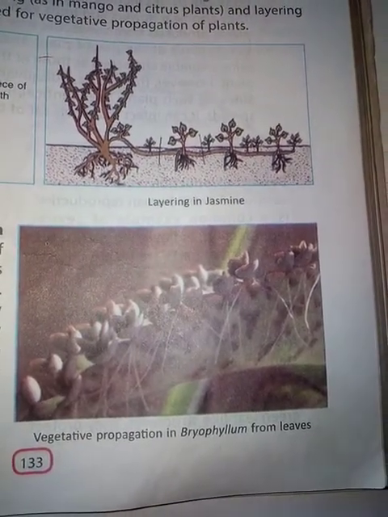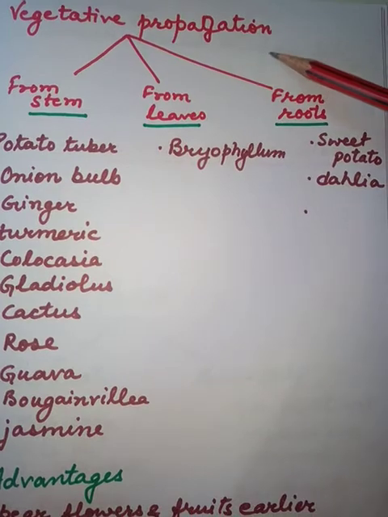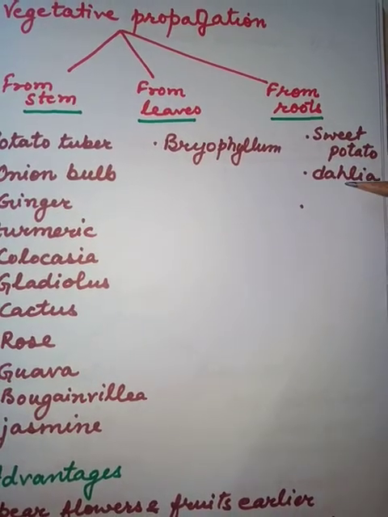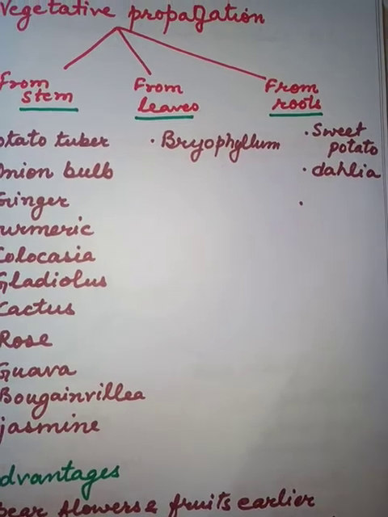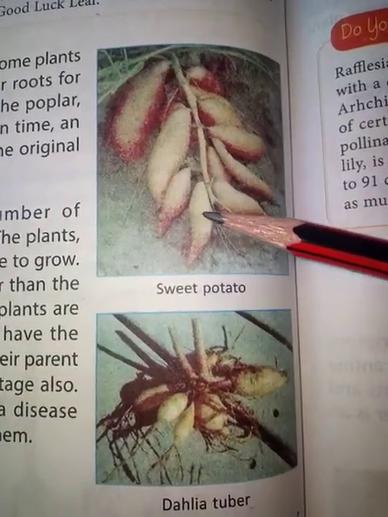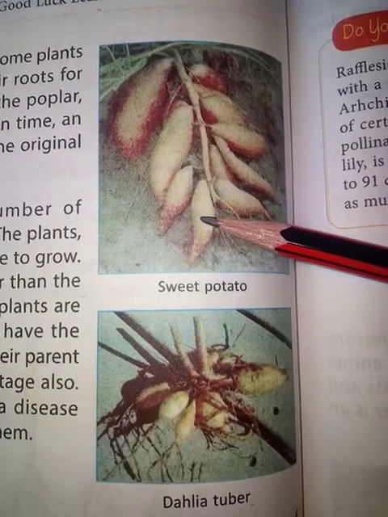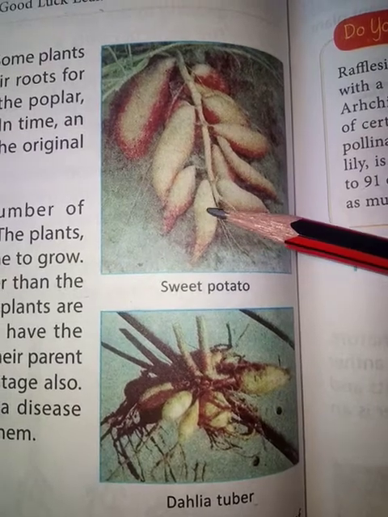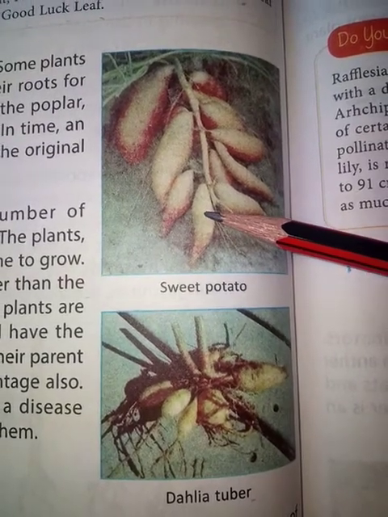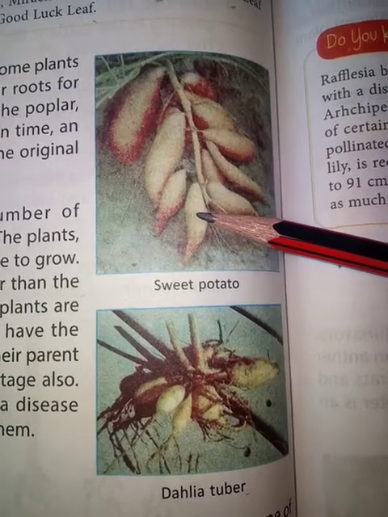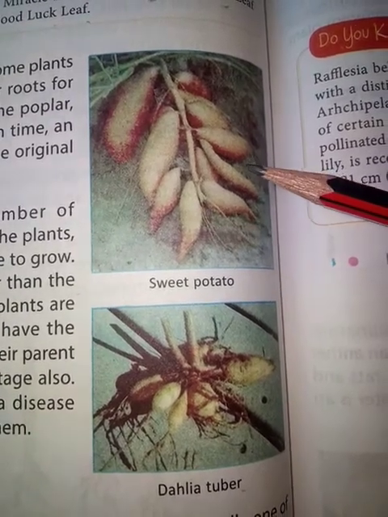Next we have vegetative propagation from roots, and examples are sweet potato and dahlia. Sweet potato has roots like this. The eatable part of sweet potato, this part is edible and is a part of root, and these roots help in growing the new plants also.